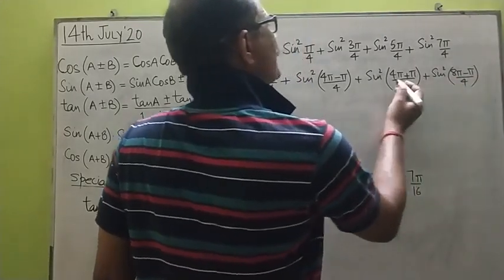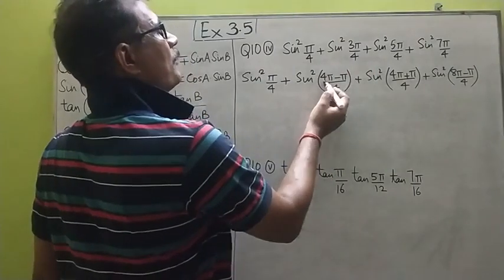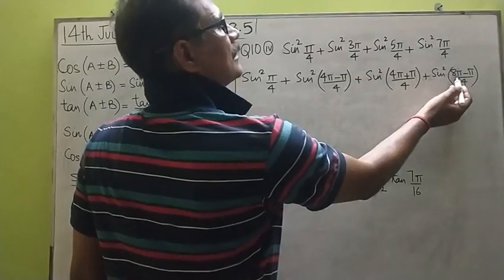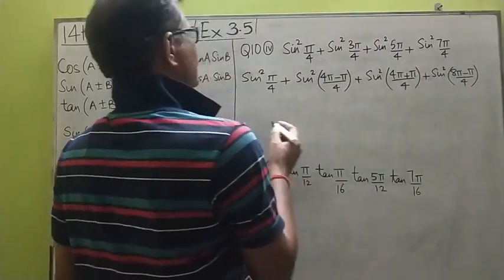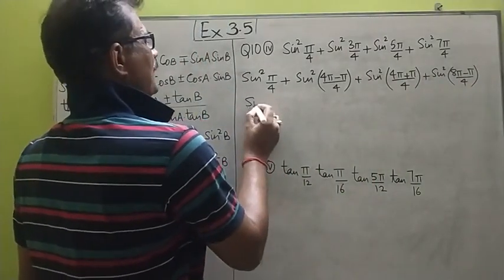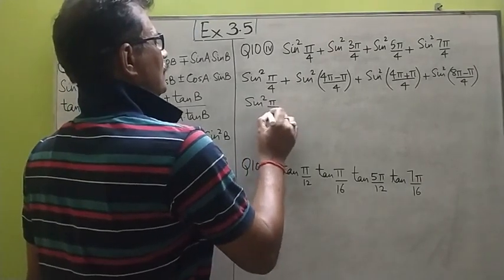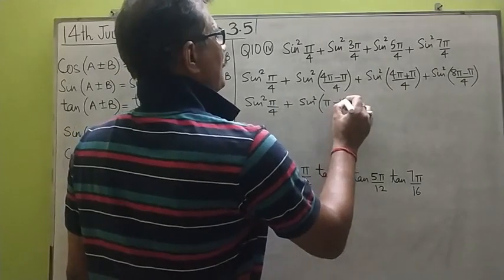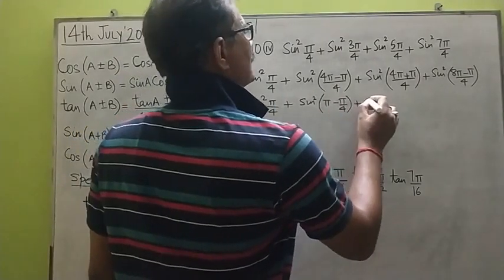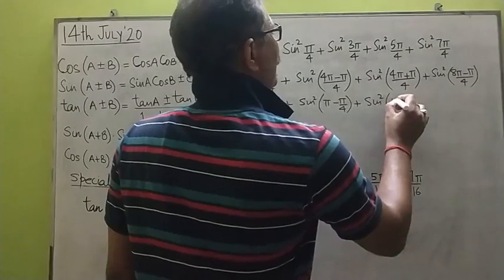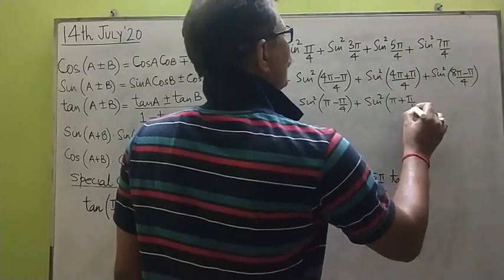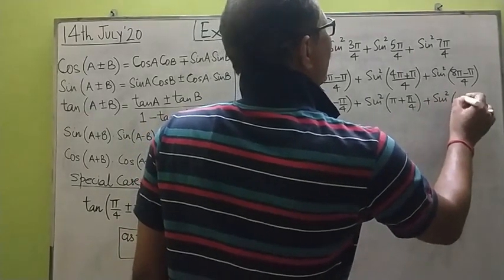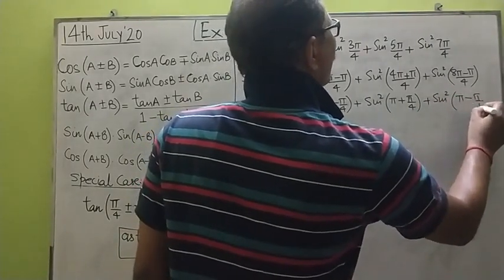So putting it in terms of multiple of 4, because denominator is 4, so 4 pi plus pi, and 7 pi means the multiple of 4 is 8, so 8 pi minus pi. Now this becomes sine square pi by 4 plus sine square pi minus pi by 4 plus sine square pi plus pi by 4 and plus sine square pi minus pi by 4.